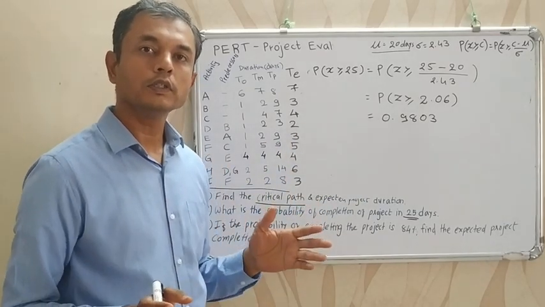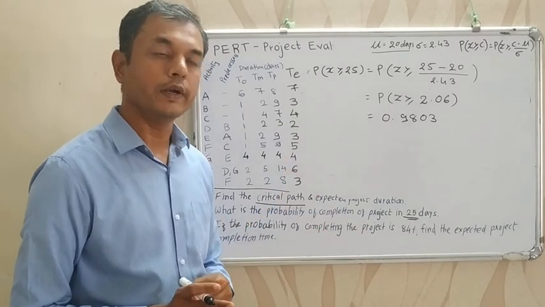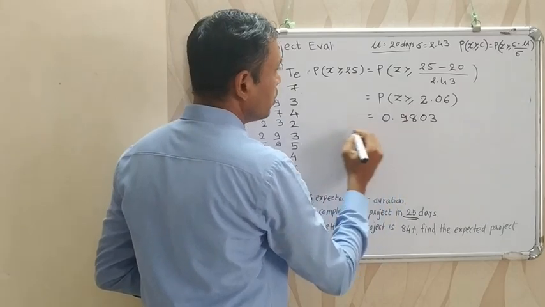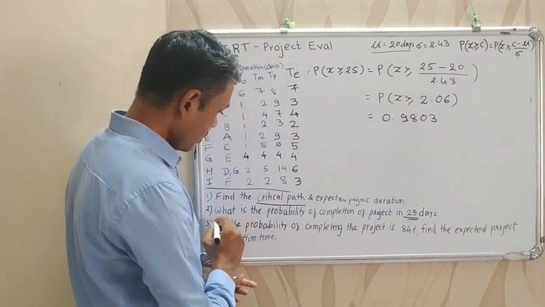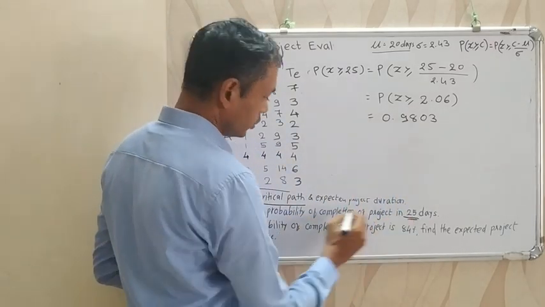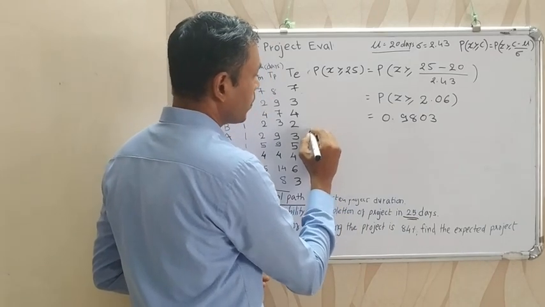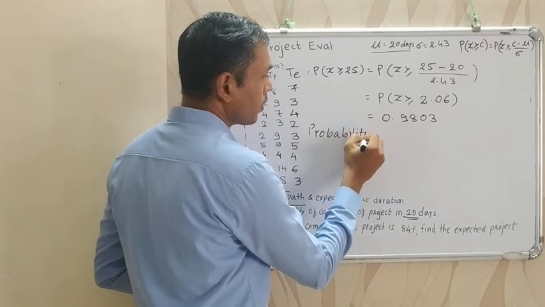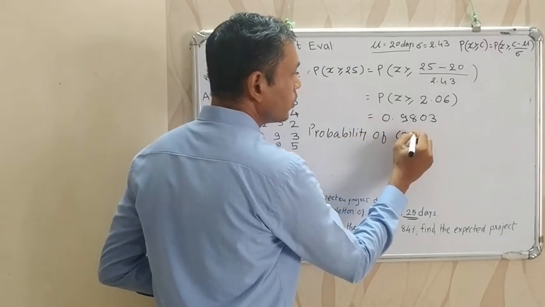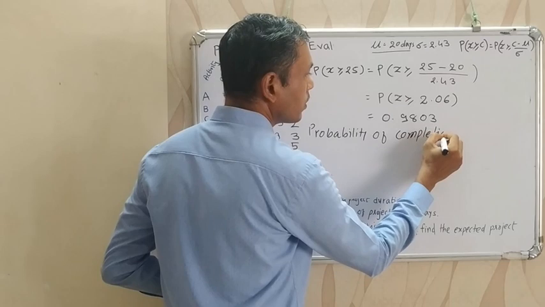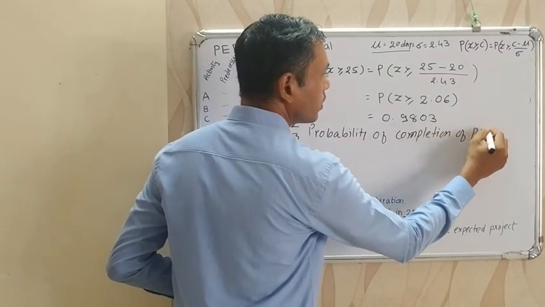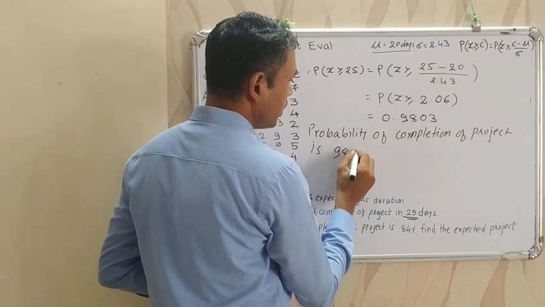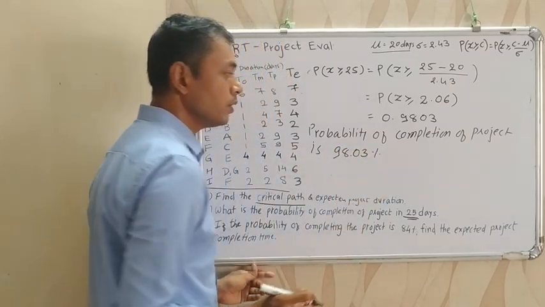In the last pages, this table is provided. From that you will get the value for z, that is 0.9803. So we can say that the probability of completion of the project is 98.03%.